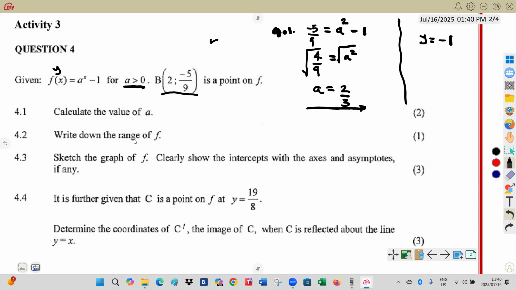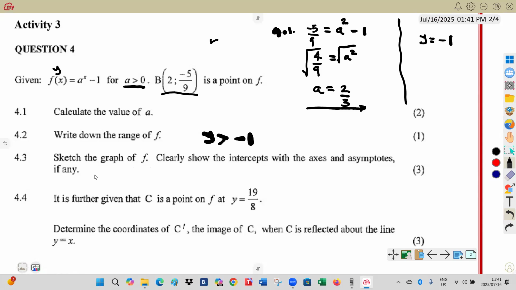Then once you know the equation of the asymptote, you have to know, is your graph above or below the asymptote? And here, since it's positive, it means it's above. If it's negative, it means the graph is below. So since our graph is above the asymptote, our range is y is greater than negative 1. That becomes our range. So that's our question 4.2.